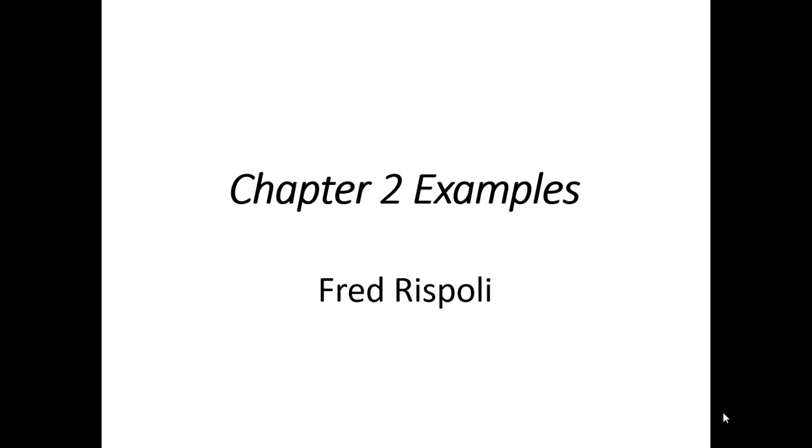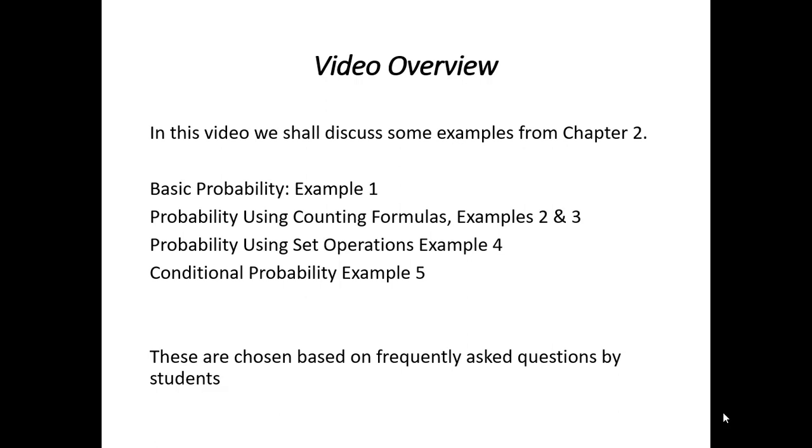Today we're going to talk about some examples from Chapter 2 of On's book on probability. In particular, we will go over these 4 parts of Chapter 2, basic probability. We'll look at a few examples. Example 1, probability using counting formulas, examples 2 and 3, probability using set operations, example 4, and conditional probability, example 5.